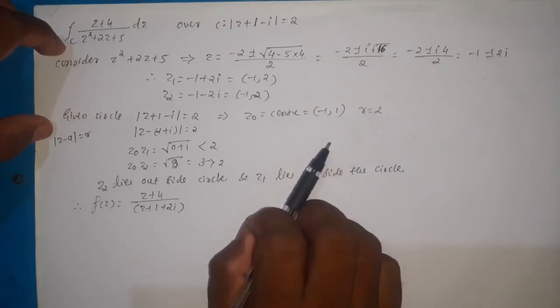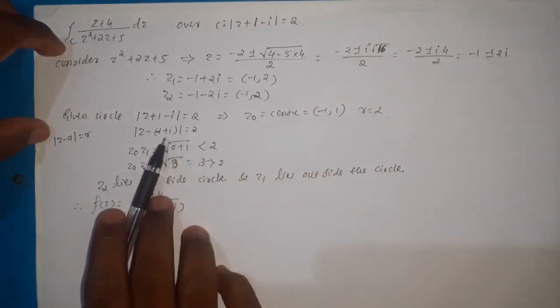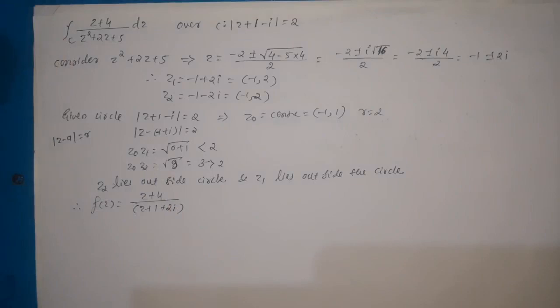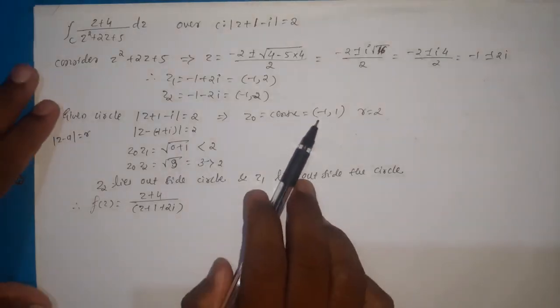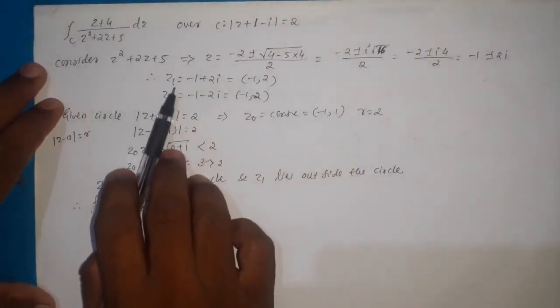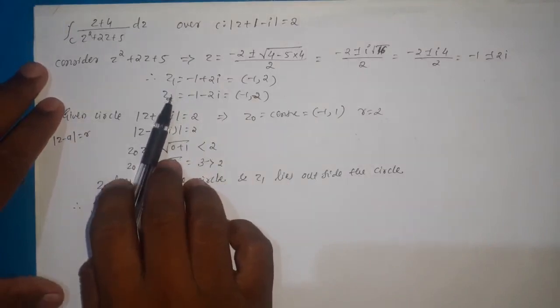Now here, since the center of the given circle is not 0 comma 0 (if it is 0 comma 0, then there is no need to find the distance between the point and the center of the circle), but here it is other than 0 comma 0, so we need to find the distance between z0 and z1, z0 and z2, right?